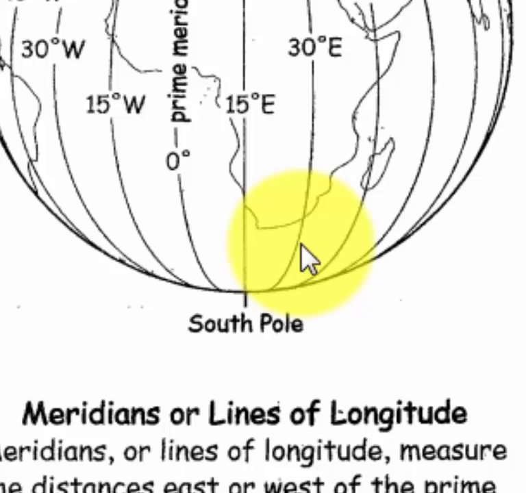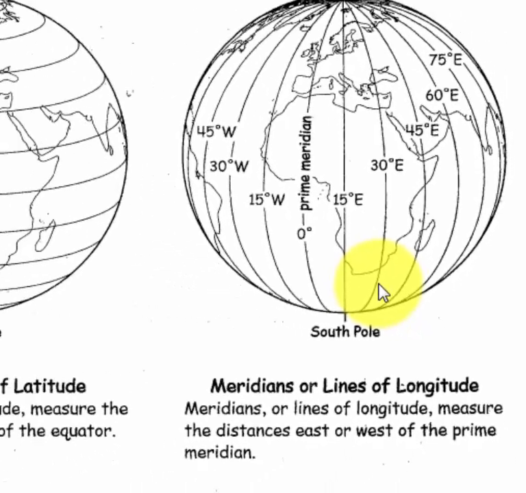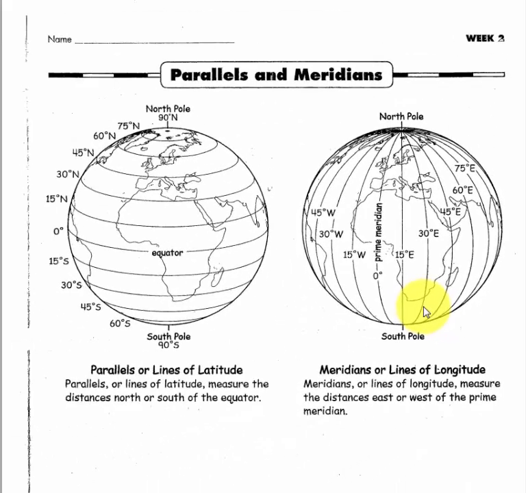For Friday number 2, are 15 degrees north latitude and 75 degrees east longitude locations in the continent of Asia or Europe? So if we find 15 degrees north latitude, it's over here, right? But notice something, it asked me both for the latitude and the longitude, and I don't have a globe that shows me both. So I'm going to have to take my knowledge of where about 15 degrees north latitude is, and I'm going to need to bring it over here, and it should be around there.